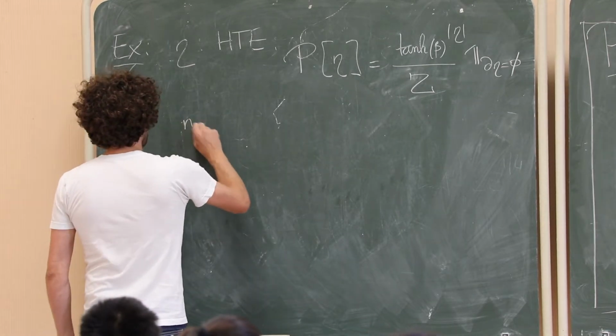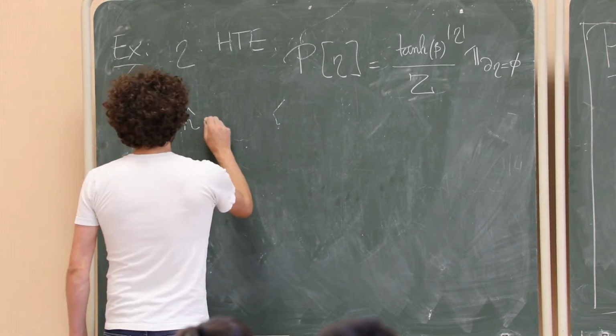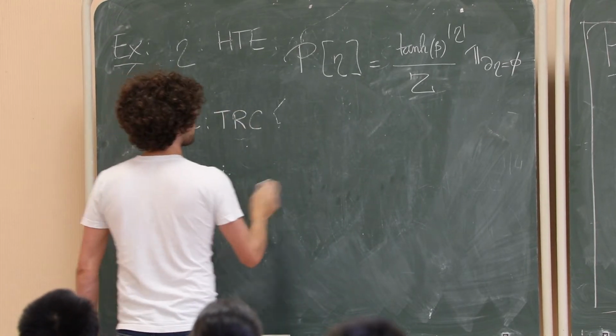Define now n hat, which is what we call the trace of the random current.